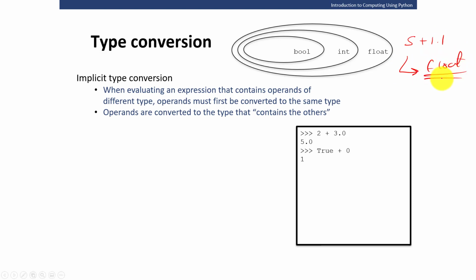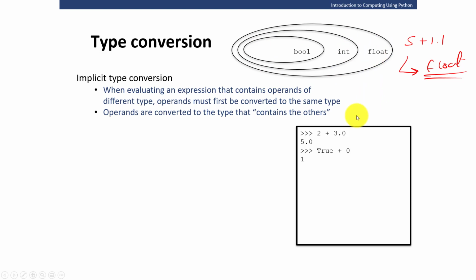And look at this: if I have True plus 0, this will give me 1. The reason for this strange behavior is that the Boolean type is actually a subtype of the integer type, and similarly, the integer is a subtype of the float type.